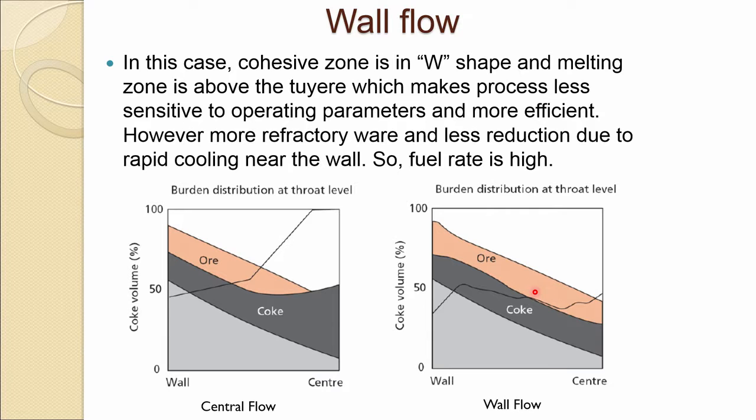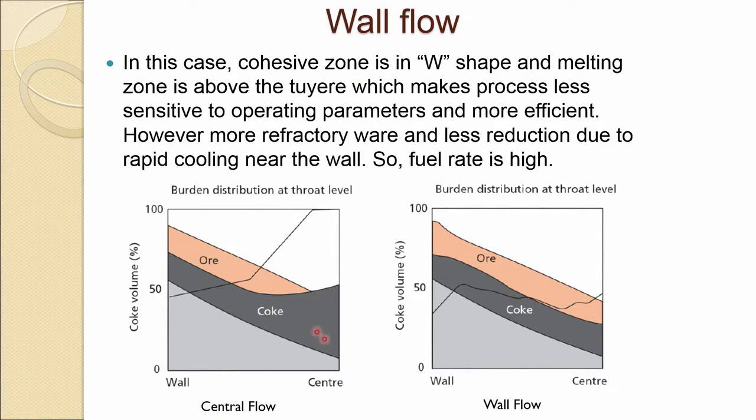Now, how do you do it? You can see the central flow. So, in the coke layer, more coke is deposited at the center. So, this is the center, this is the wall, and coke, as you have seen already, has quite a high void fraction. So, the gas certainly will flow through this region with less resistance.